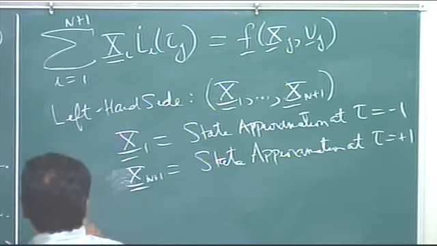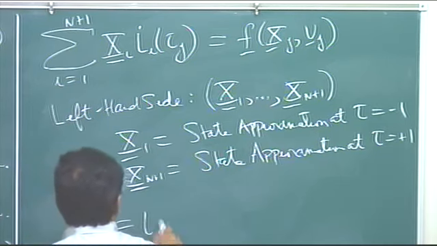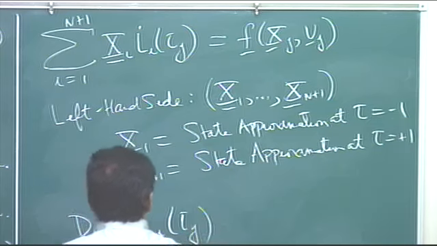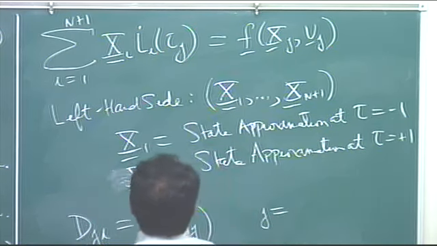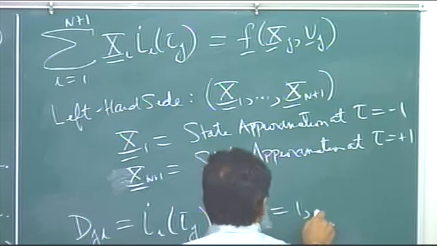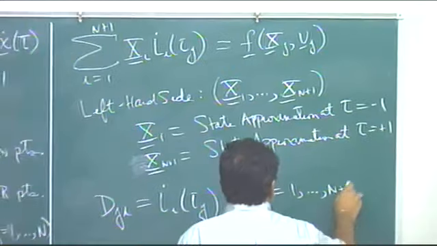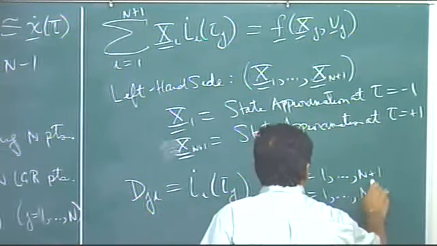So I have both boundary points included in this system of equations here. So now if I construct the matrix Dji, if I call it li dot of tau j, right? So this is now j going from what? If you look at it, j goes from 1 to n, so let's do i first. So i goes from 1 up to n plus 1, and j goes from 1 up to n.